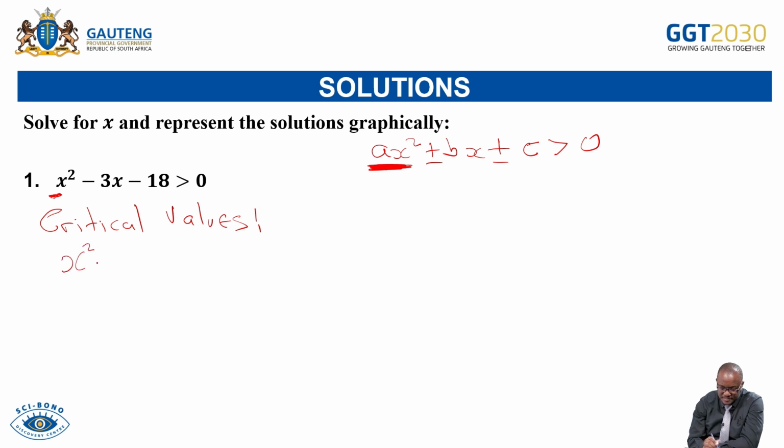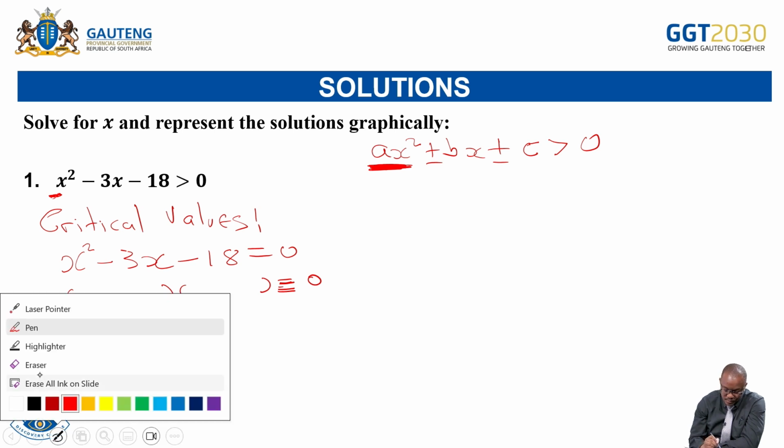We have x squared minus 3x minus 18, then I can equate this to 0. Then I will simply factorize it. Remember, I'm not solving the inequality yet, I'm looking for the critical values.